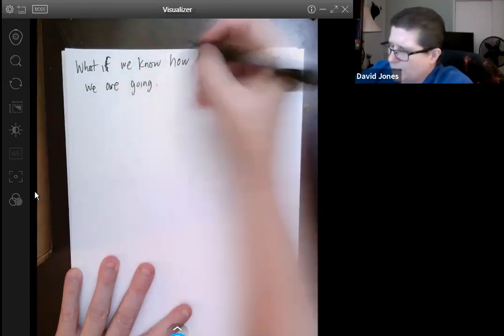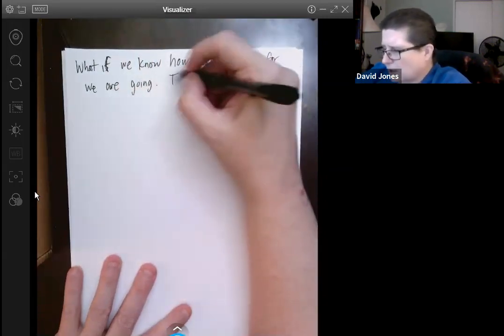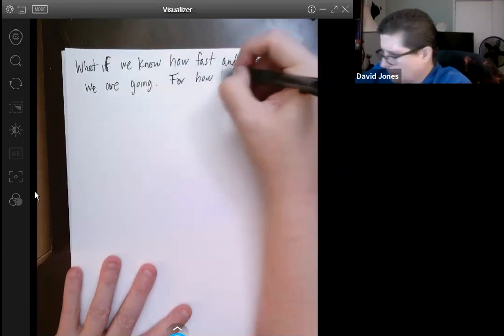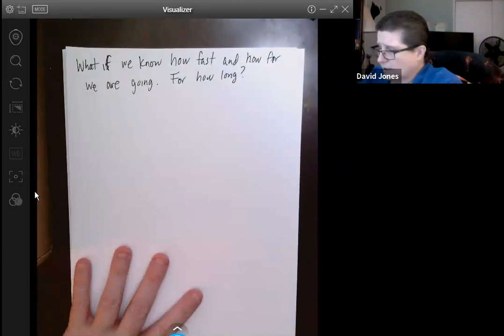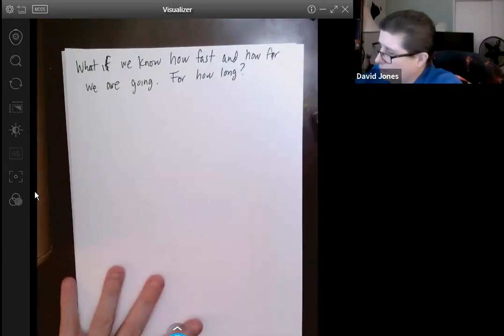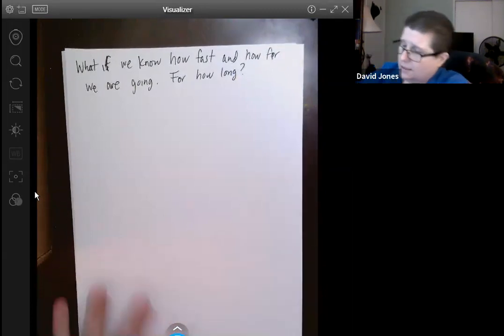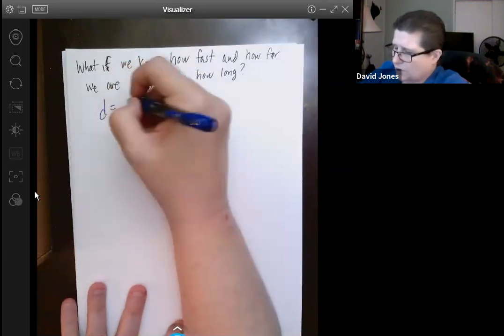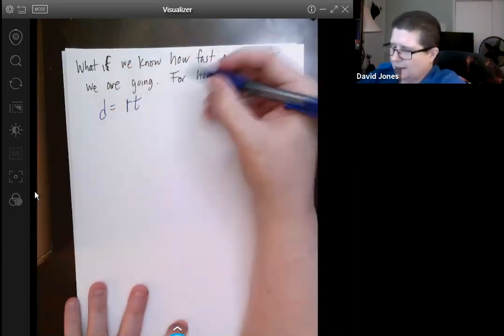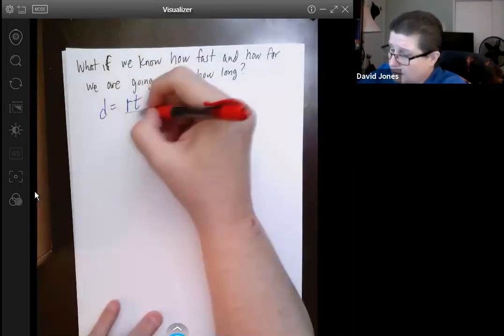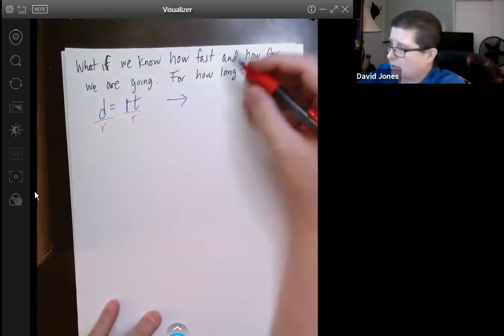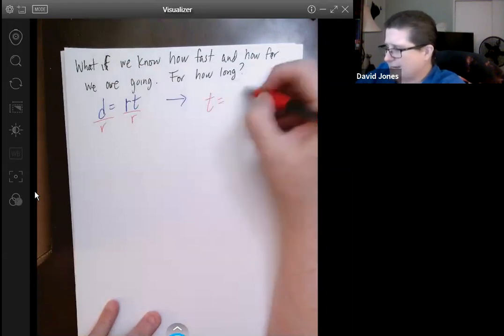Then the only thing we don't know is for how long. So I could solve that for t. D equals r times t. If I solve for t, I will divide by r. T equals d over r.